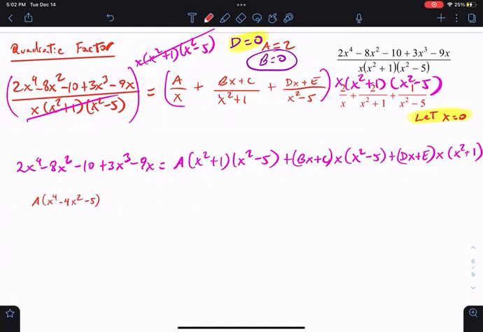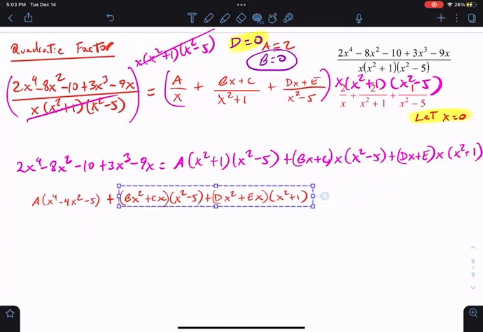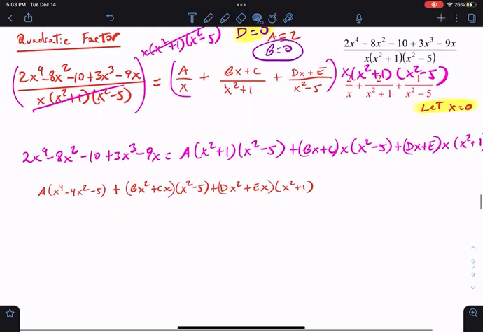And then I have plus bx squared plus cx times x squared minus 5. And then I have dx squared plus ex times x squared plus 1. Okay. If you're watching this and you want to skip that part, the previous part that I made a mistake, you can skip that, right?